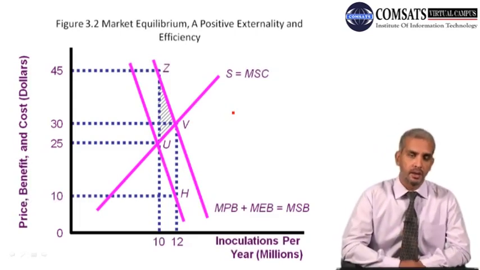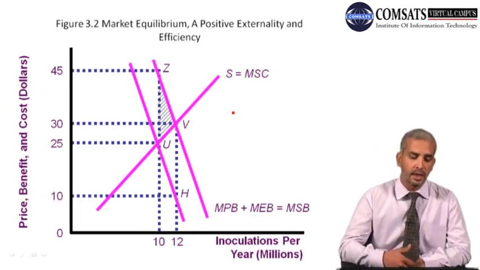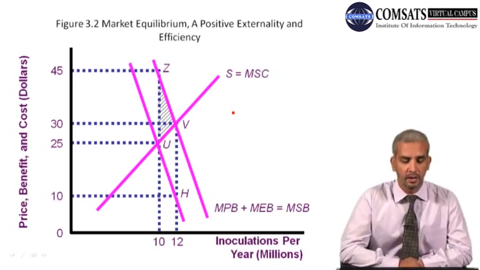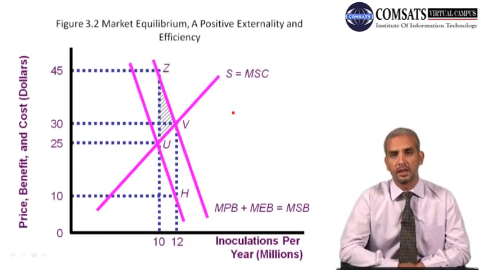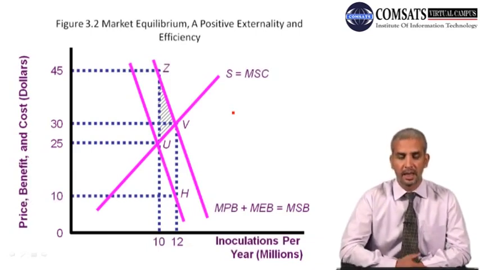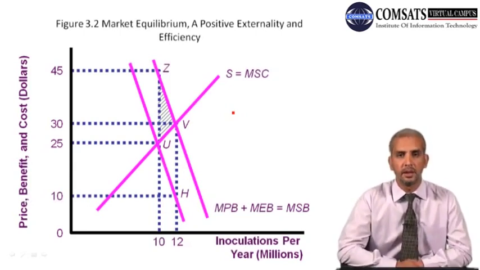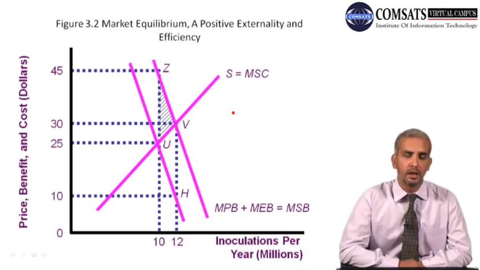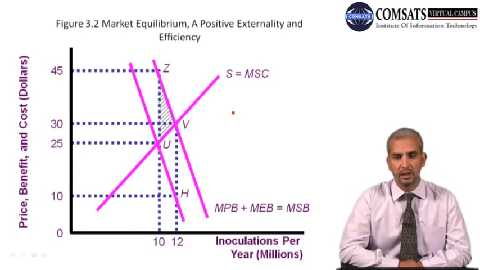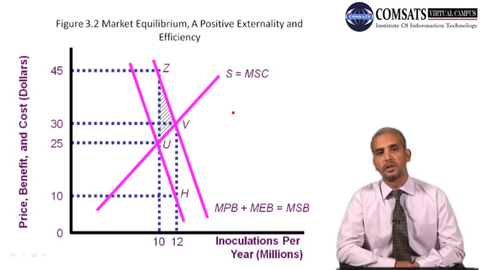But we find that there is a positive externality associated with this $25 vaccine or injection given to an individual, in terms of that individual not being a potential carrier anymore, and not creating risk for others anymore.